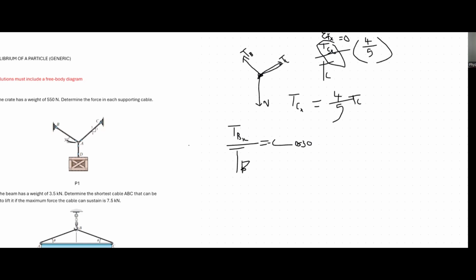And remember, on the Cartesian plane, these sides are negative, these sides are positive. That's why on this side we have a positive, and this side we have a negative cos theta.